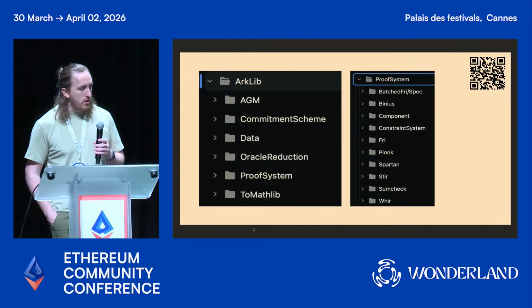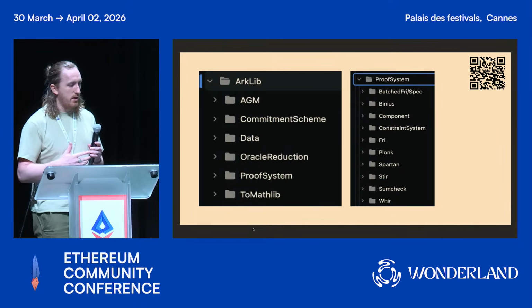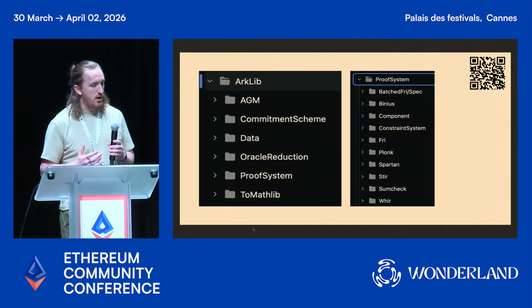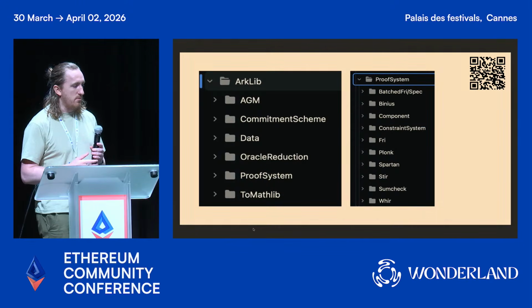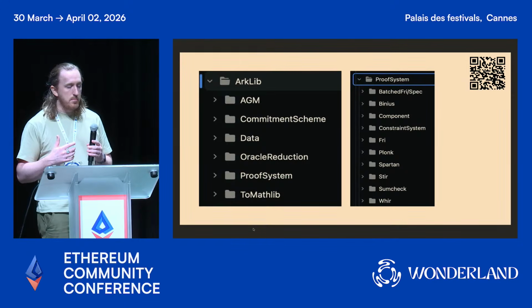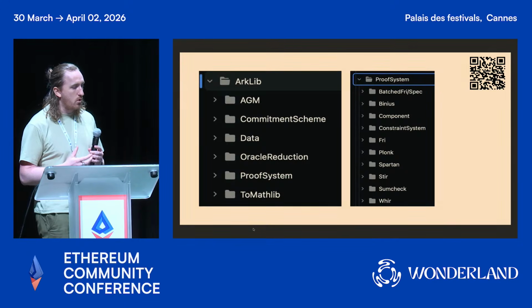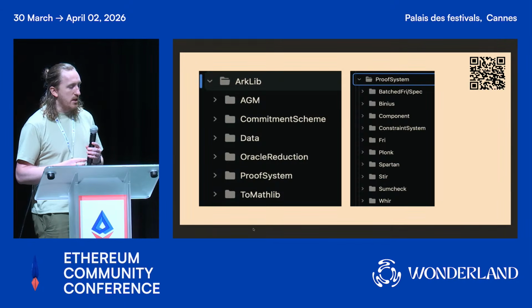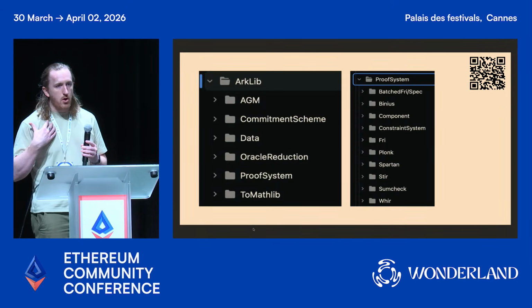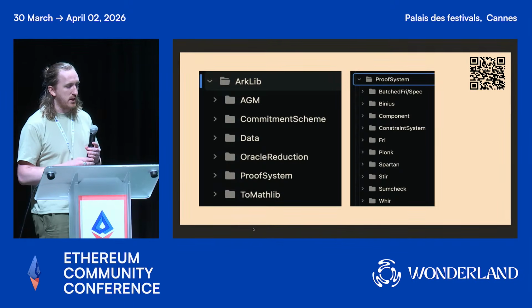So if you go into arclib, it's doing a lot of things. Like I said, it has Oracle reduction, it has commitment schemes. Maybe the principal, the core aspect of arclib is this proof system directory. And the proof system includes all the standard proof techniques that you will find in the wild for zkVMs and SNARKs.